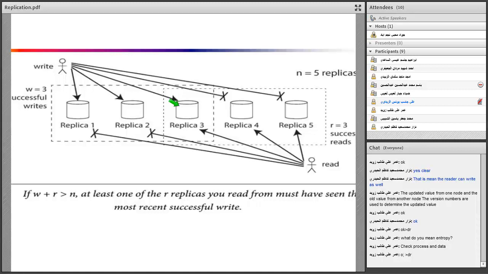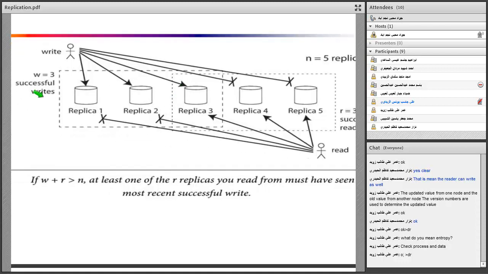So W is 3, and I can say 3 of 5 replicas accept the write request. So the successful write is 3. The 3 of 5 is acceptable for us, so this request is acceptable.